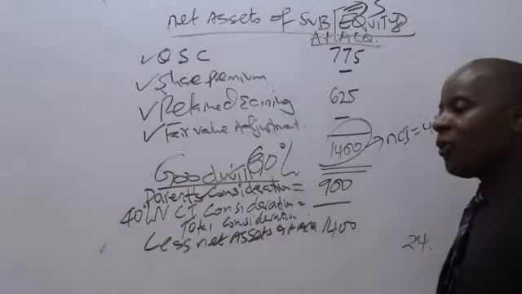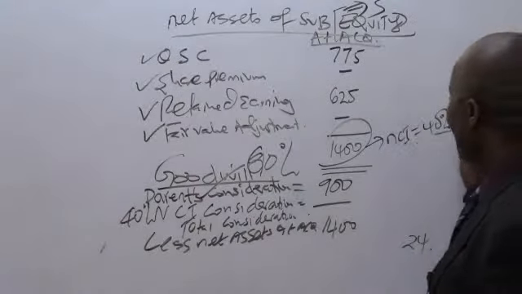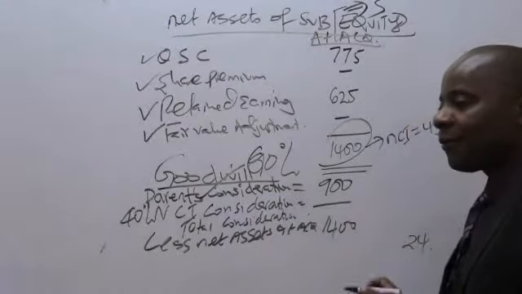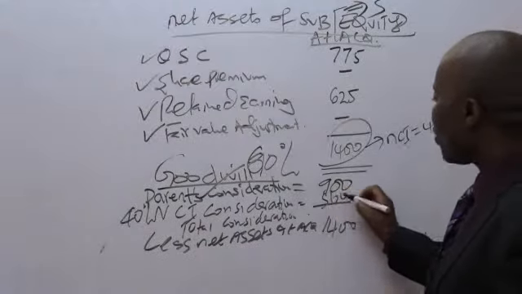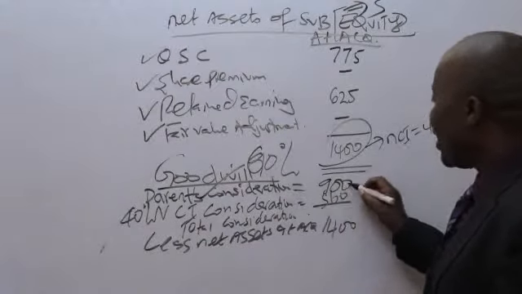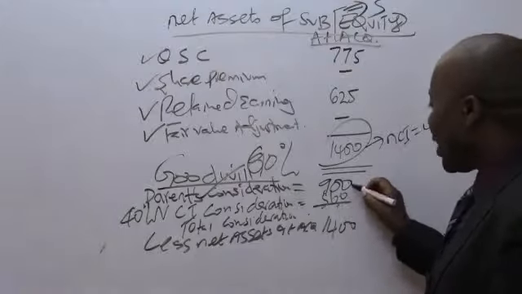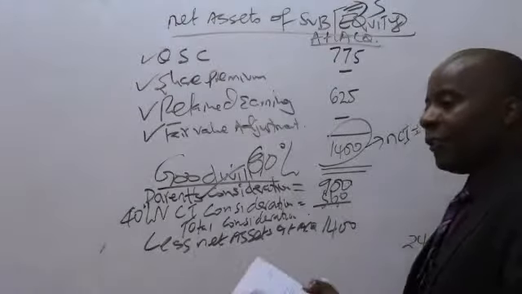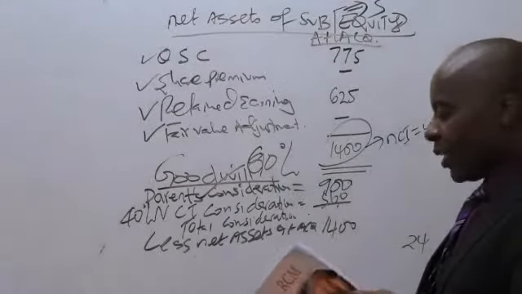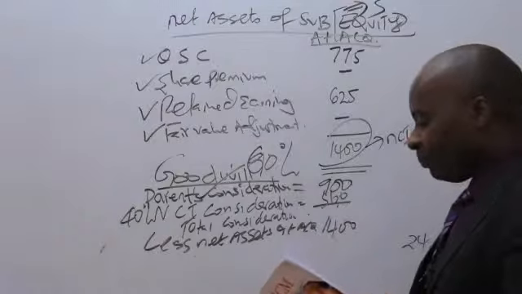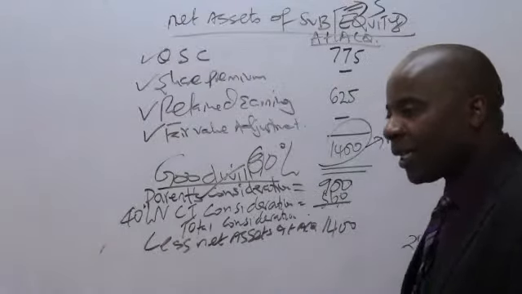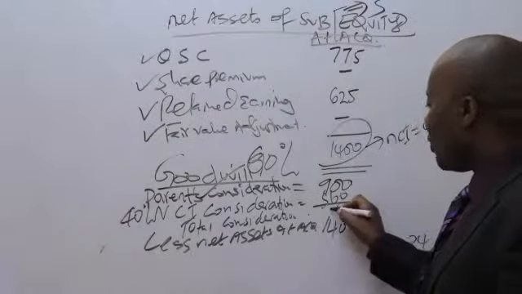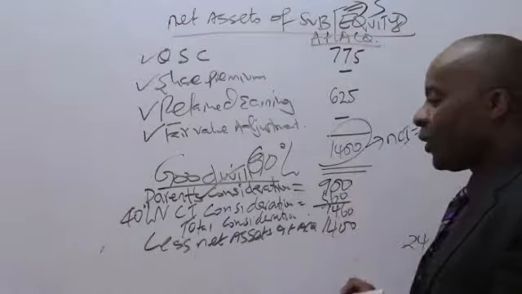That will give us what figure, somebody? Wananiambia wote ni 560. So 900 plus 560, itakuja ngapi? 1460.